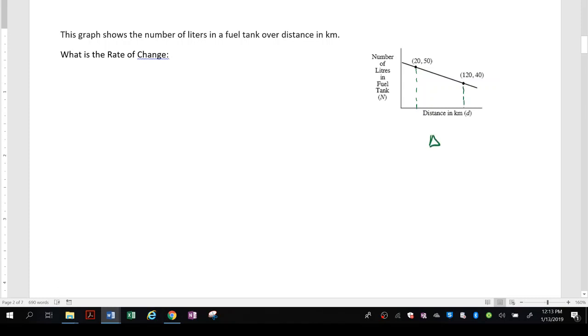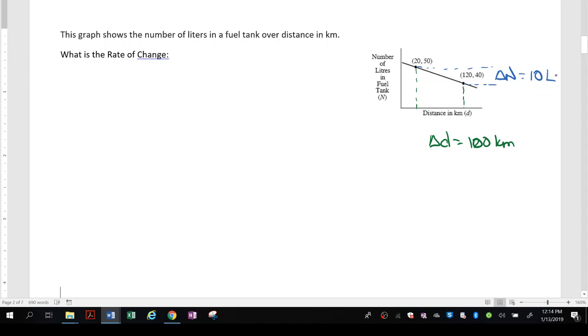So our change in distance is 100 kilometers. And our change here in liters in the fuel tank goes from 50 liters to 40 liters. So our change, we've called this N, number of liters, our change is 10 liters.